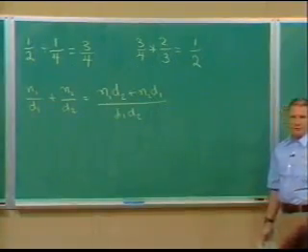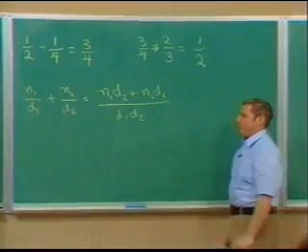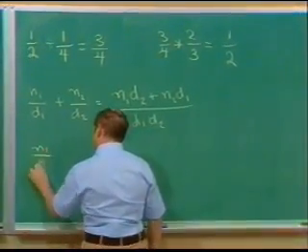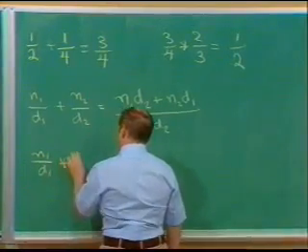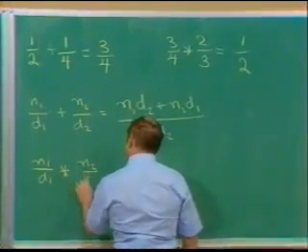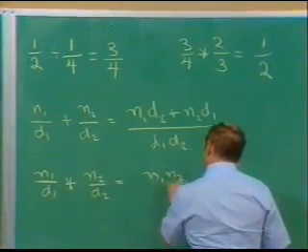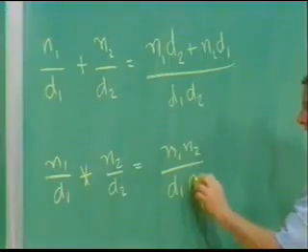So there's something from 5th or 6th grade fraction arithmetic. And then similarly, if I want to multiply two things, n1 over d1 multiplied by n2 over d2 is the product of the numerators over the product of the denominators.